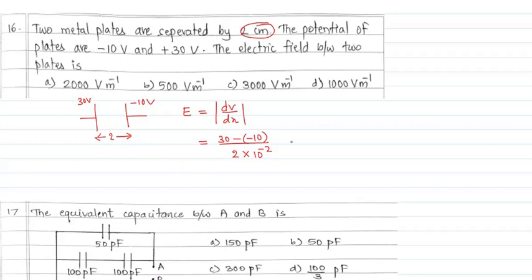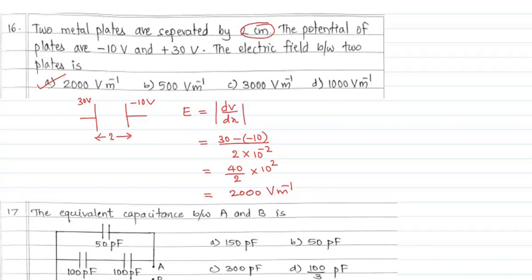Now simplify. This will be 40 divided by 2, and the 10 raised to minus 2 I will take to the numerator. So 40 by 2 is 20, with these two zeros you will have 2000 volt per meter. So option A is the answer.